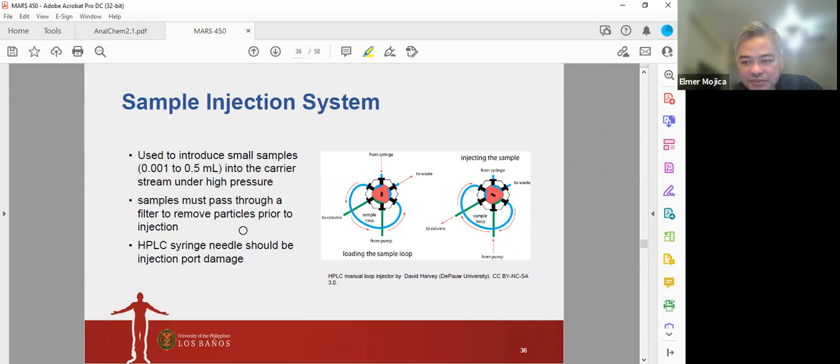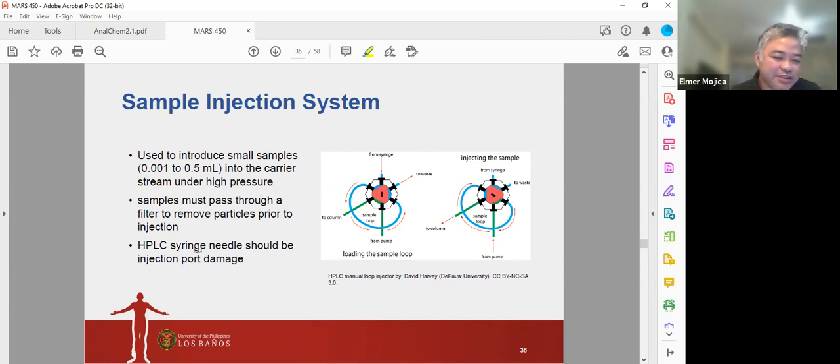If you didn't filter it properly, the guard column will collect a lot of contaminants. The way we clean up our guard column is we just sonicate it from time to time to remove any interference or contaminants collected in the guard column.